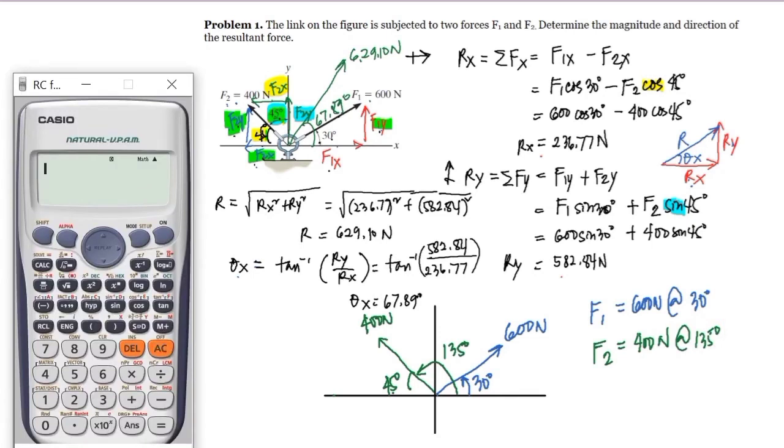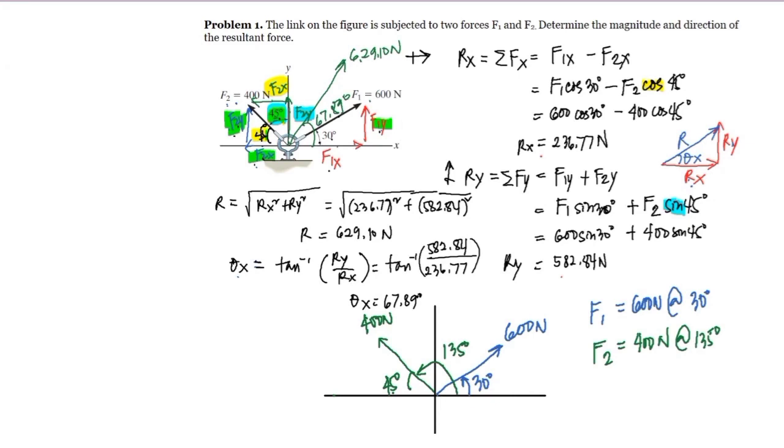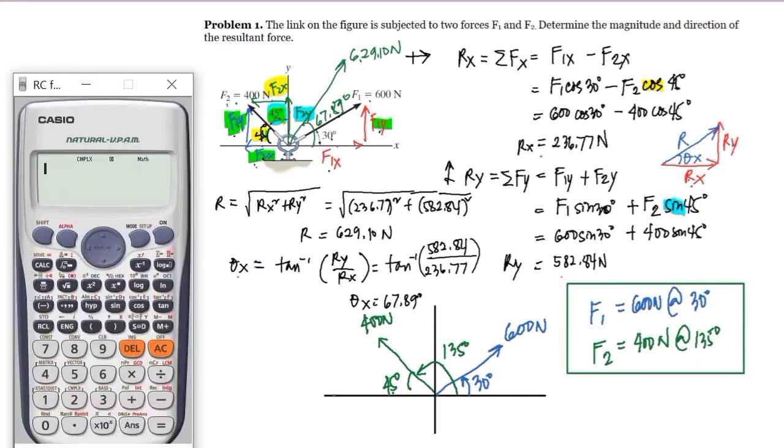Now, if we will be using the calculator technique in order for us to solve for the components and the resultant, including the direction, the first thing that we are going to do is to make use of the complex mode. So press mode and complex, that's number 2. So press 2 and then we will just input this in the calculator: 600 angle 30 plus 400 angle 135, and we have here 236.77.